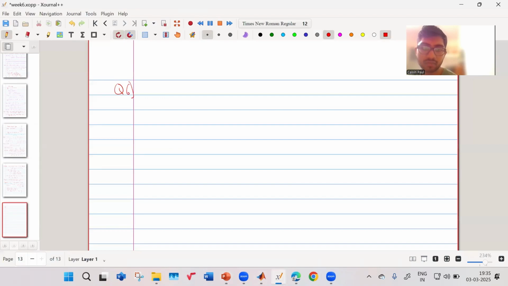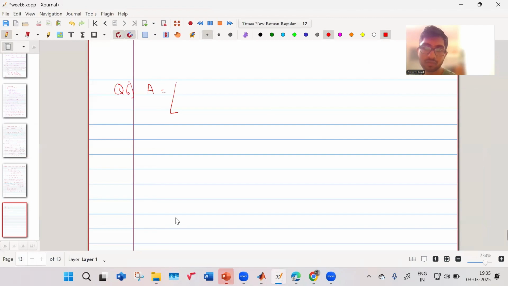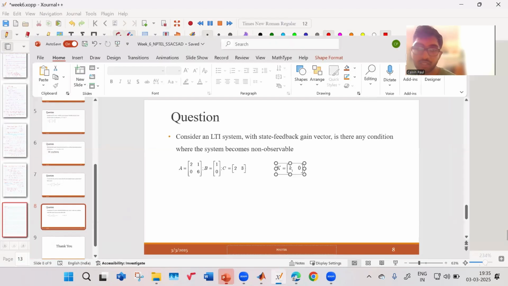And so we have A, which is equal to... there's some issue with that. A is 2106. So A is 2106, right?